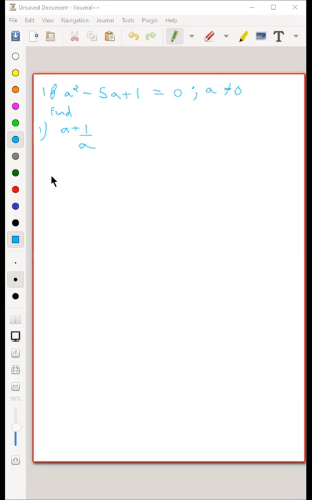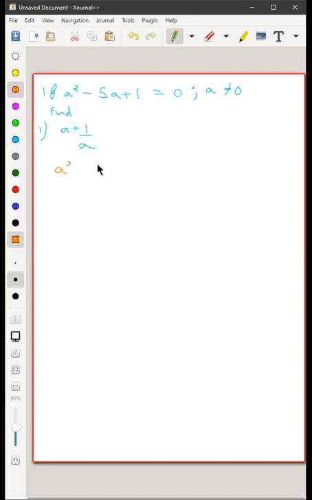Okay, Ananya, let's solve this. So we have to somehow find a plus 1 upon a given a squared minus 5a plus 1 is equal to 0, right? Yes. So let's start off with a squared minus 5a plus 1.